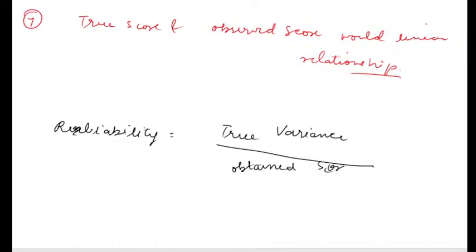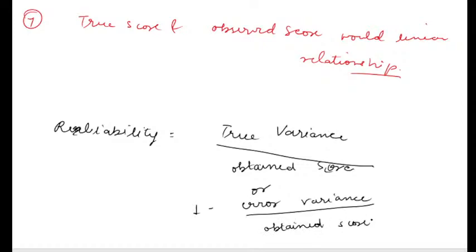Okay, there is another version of the same formula, wait, my screen has frozen. Okay, so the other version of this formula is 1 minus error variance upon obtained score.